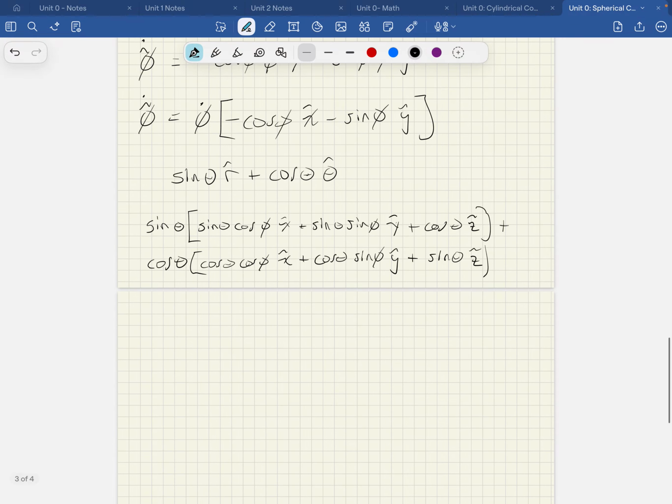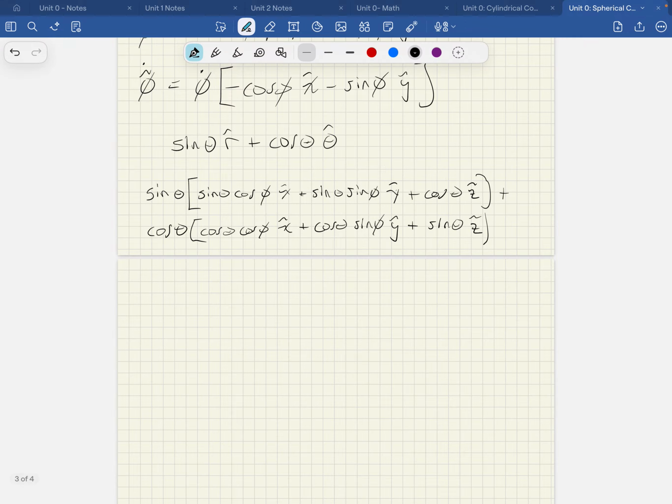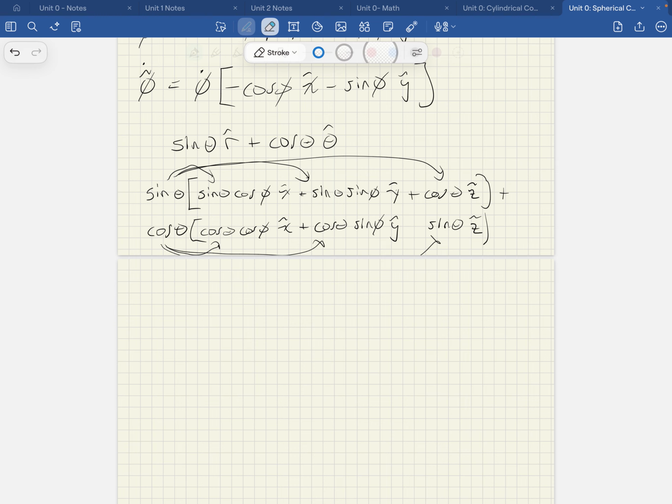Okay, so when I multiply this out, this is going to give me sine squared, sine cosine. This is going to give me cosine squared, sine cosine. And importantly, this was minus sine theta. So when I add these two together, in the x hat direction, I've got sine squared cos phi plus cosine squared cos phi, which is sine squared plus cosine squared times cos phi, which is just cos phi.